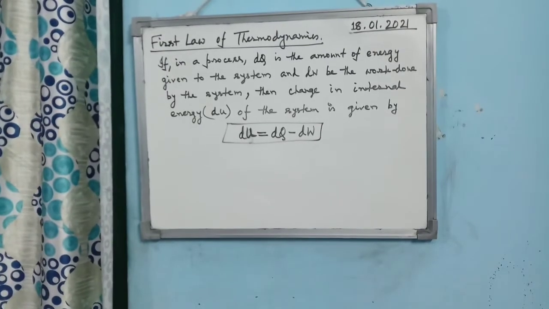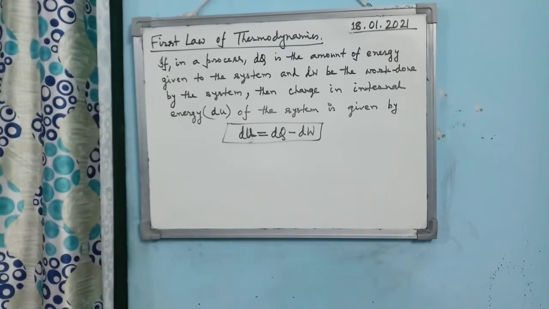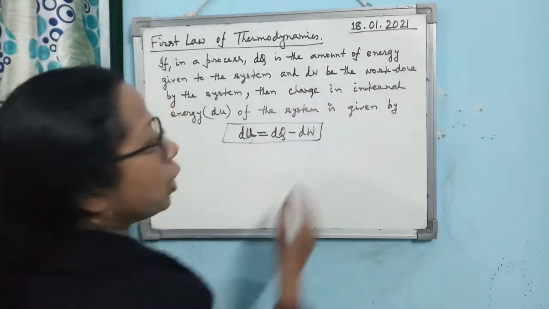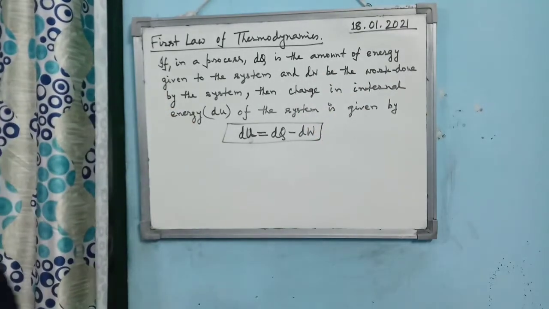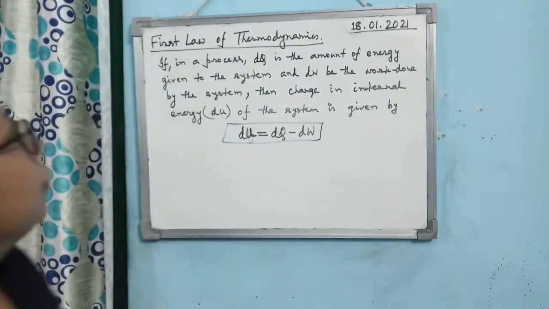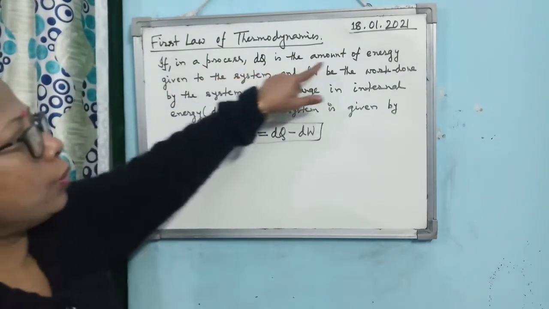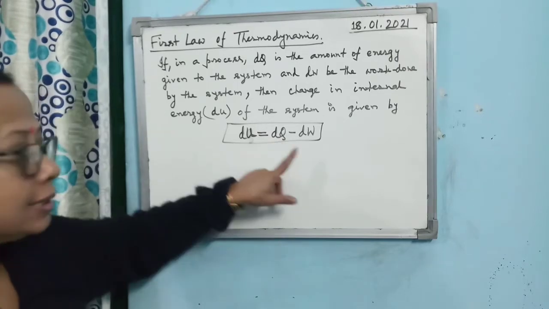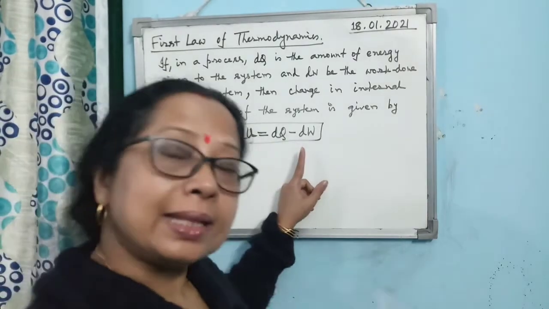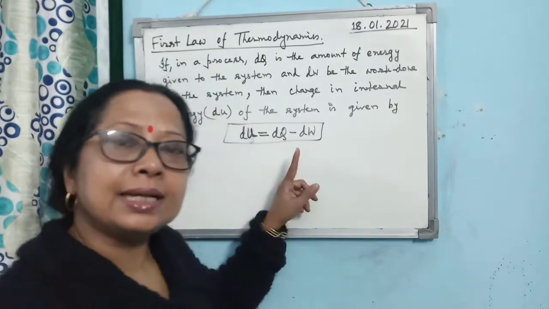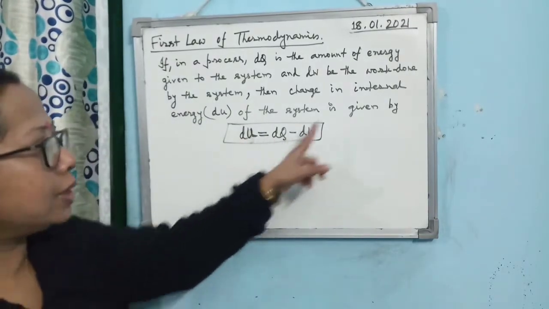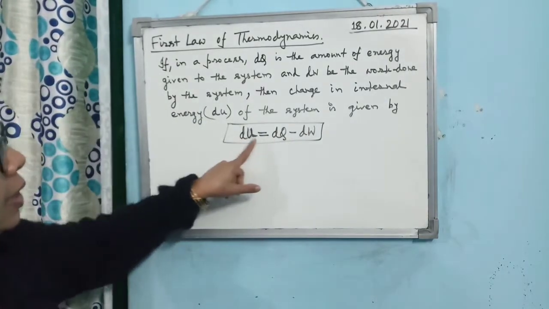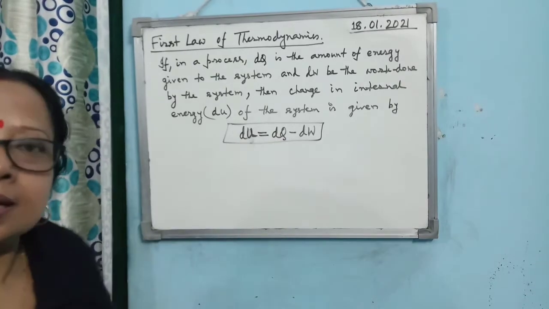So what is the first law of thermodynamics? This is very important for all kinds of exams. If in a process dQ is the amount of energy given to the system and dW is the work done by the system, then the change in internal energy dU of the system is given by dU equal to dQ minus dW.